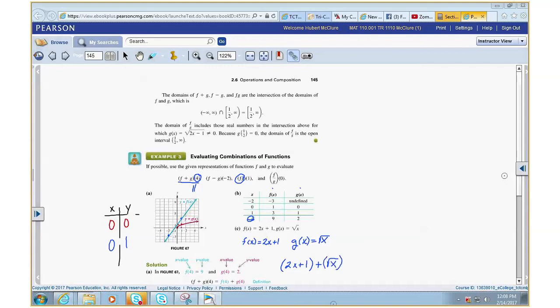And what are we going to plug in? 4. 2 times 4 plus 1 plus the square root of 4. 2 times 4 is what? 8 plus 1? 9 plus 2 is? That's how you do it algebraically. Does that make sense to everybody?